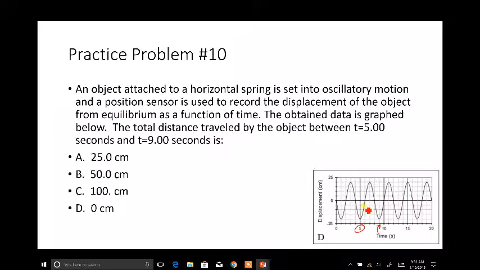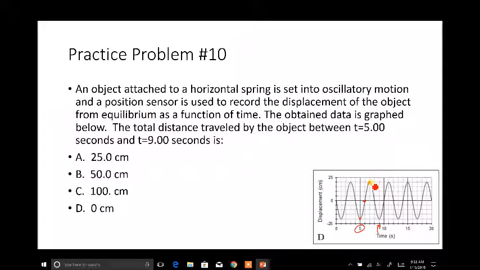So notice between 5 seconds and 6 seconds, the object travels 25 centimeters. Between 6 seconds and 7 seconds, it travels an additional 25 centimeters.